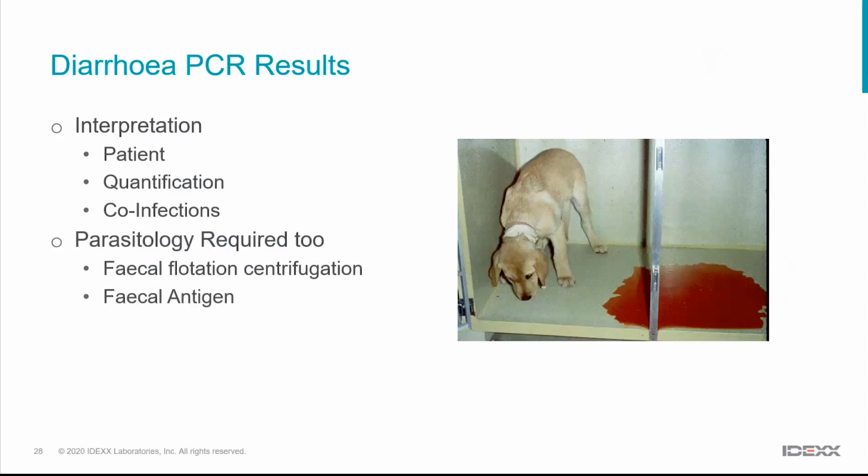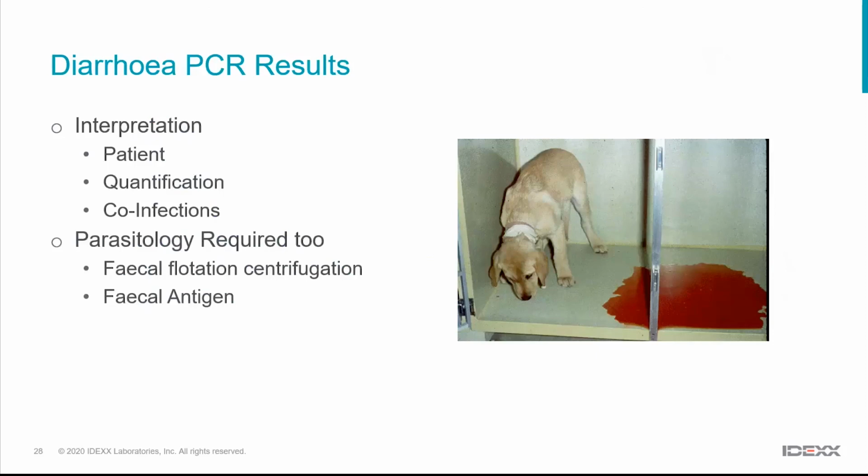I think if we've got a patient with diarrhea significant enough to do a PCR on, we need to be doing parasitology as well. And this is a situation where I would do both the flotation centrifugation and the antigen test. So the antigen test is great to say, do they have hookworm, whipworm, roundworm or not? The flotation centrifugation gives us information as well.